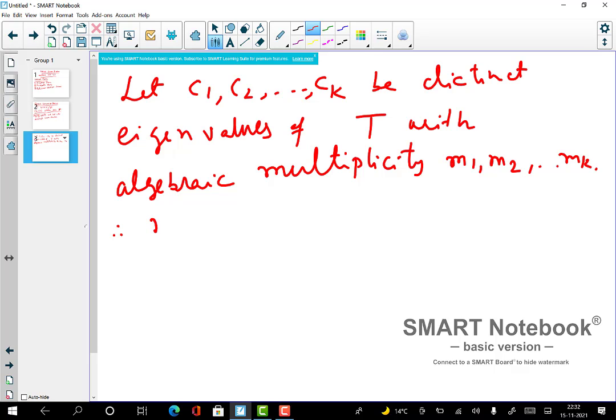That means the summation M1 plus ... plus Mk is the dimension of the vector space V, which is n.